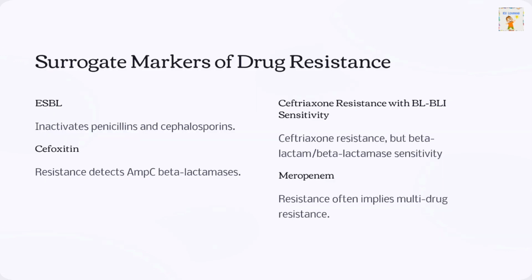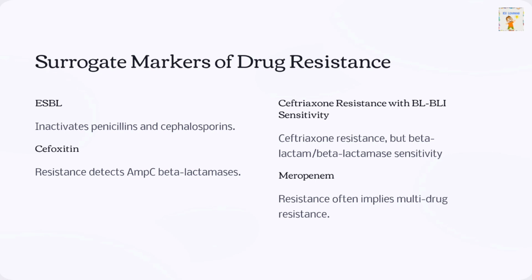There are some surrogate markers of drug resistance. If the bacteria is producing ESBL, extended spectrum beta lactamase, it inactivates penicillins and cephalosporins. So if you get ceftriaxone resistance with beta lactamase inhibitor combination sensitivity, it is likely to be ESBL.